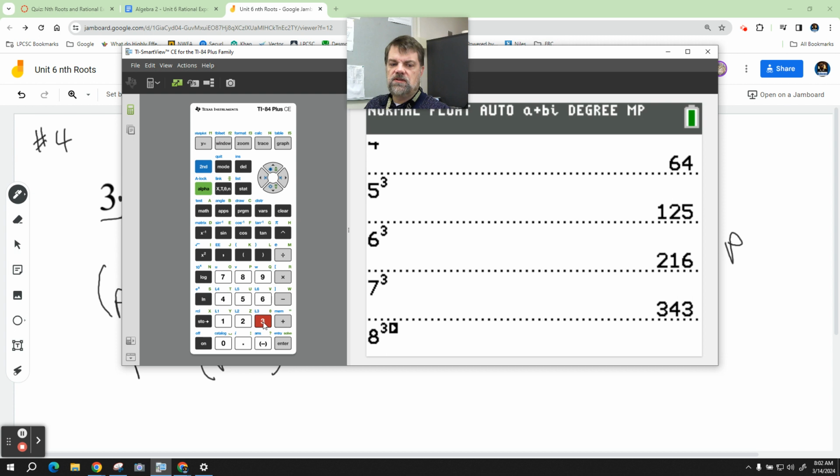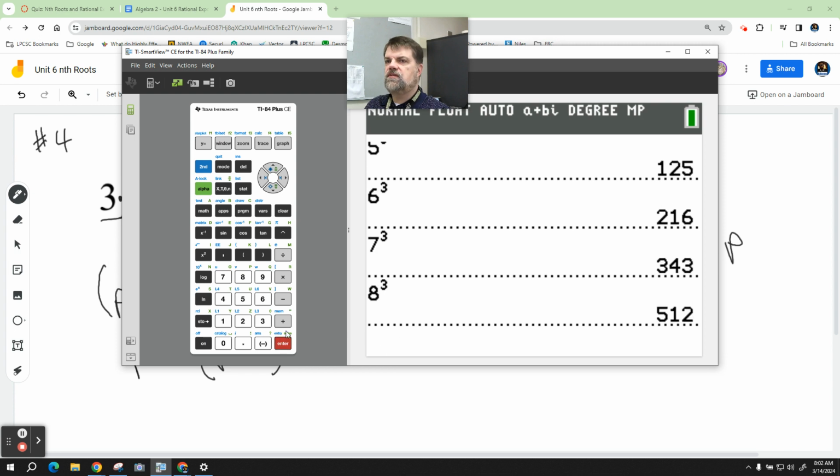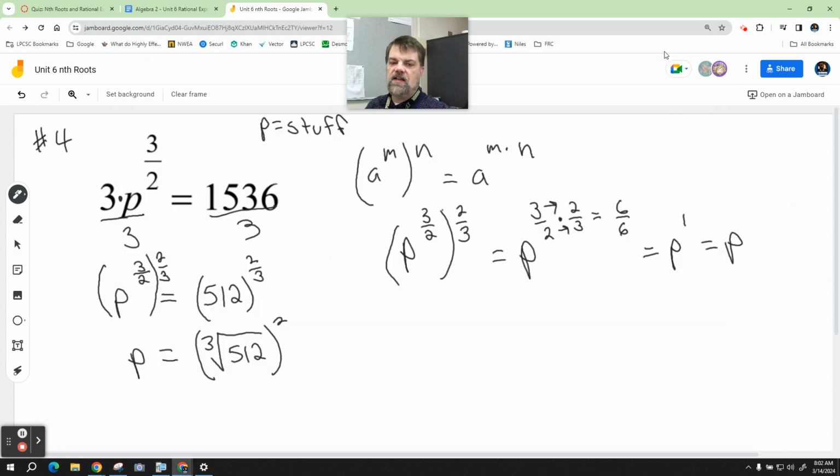8 to the third power actually equals 512. And it's not that hard. You just go through and plug that stuff into the calculator. Okay? That's it. That's all you got to do. So now that I know that, and another thing I wrote over here to the side, I said 8 to the third power equals 512.